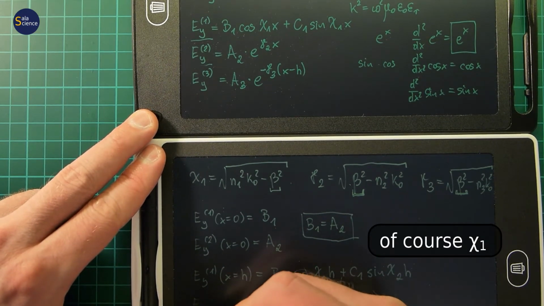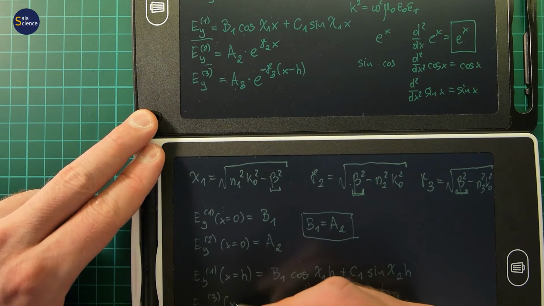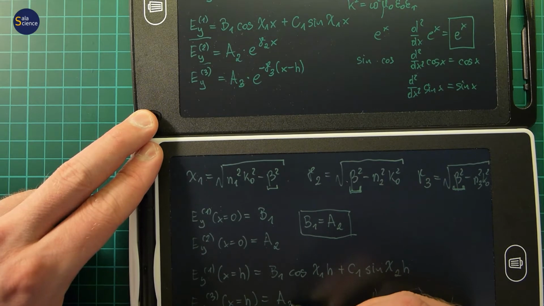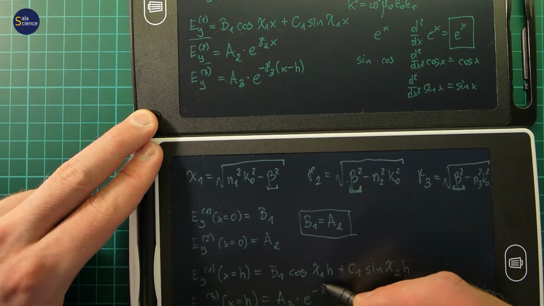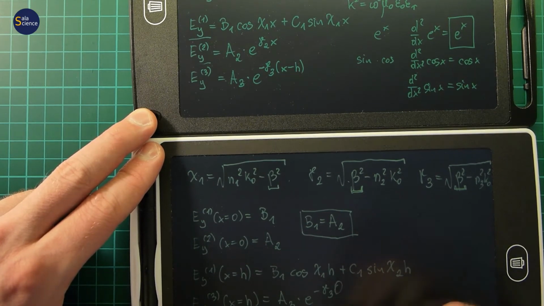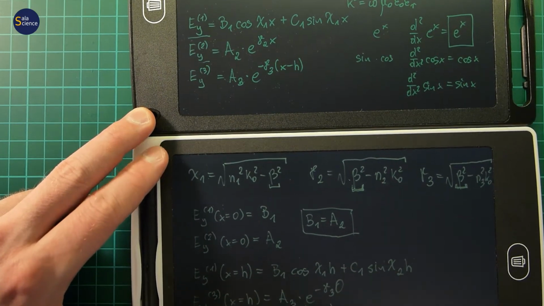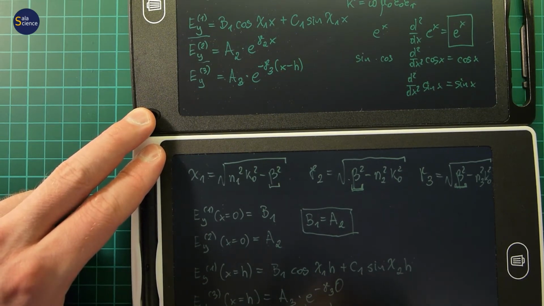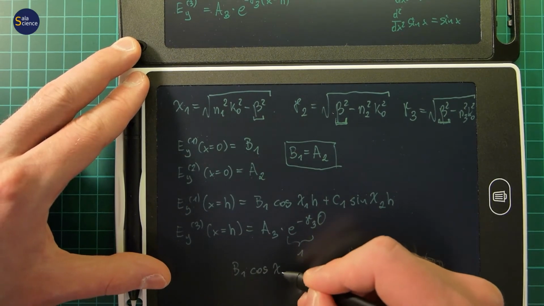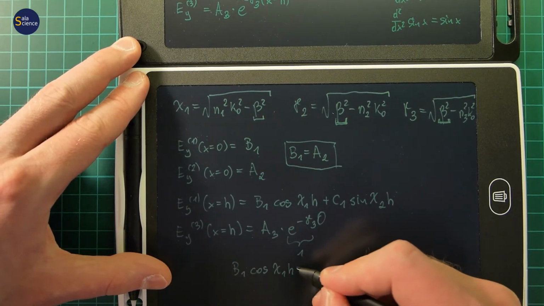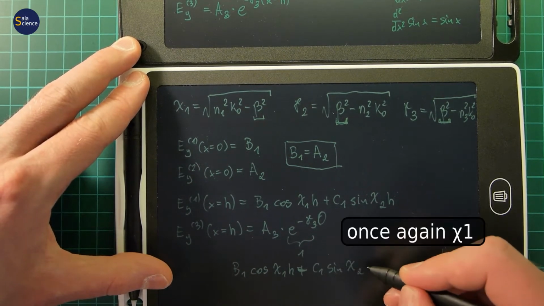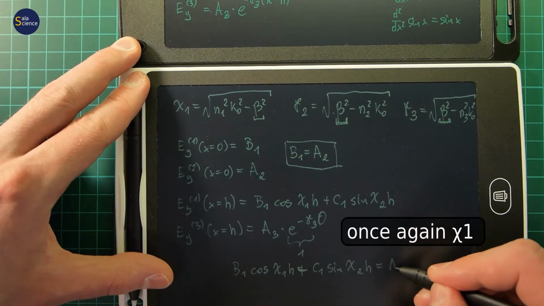In the cladding, on the other hand, in the third region, where x equals h, we have a3 times e to the power of minus gamma 3 (x minus h). Here x minus h is 0, so this is just 1. It means that b1 cosine chi1 h plus c1 sine chi1 h equals a3.